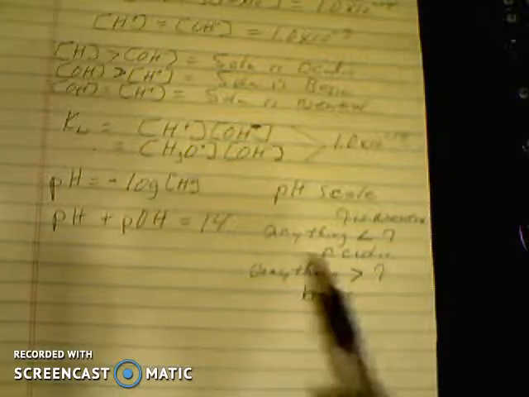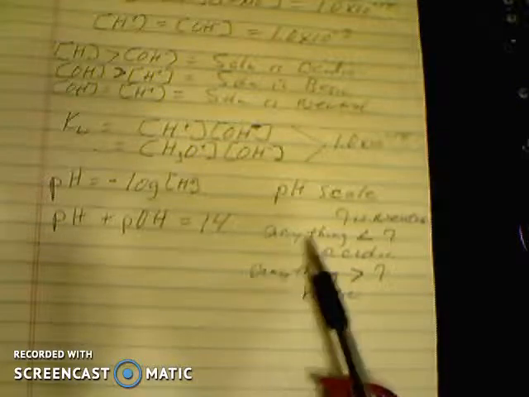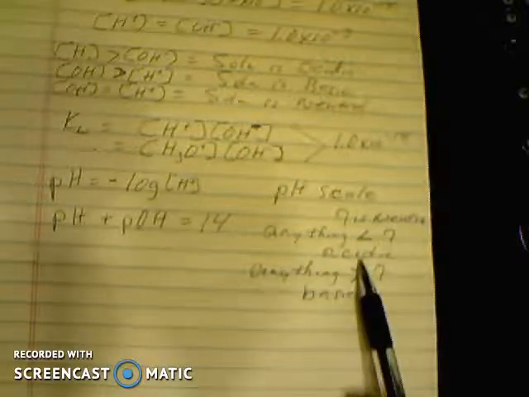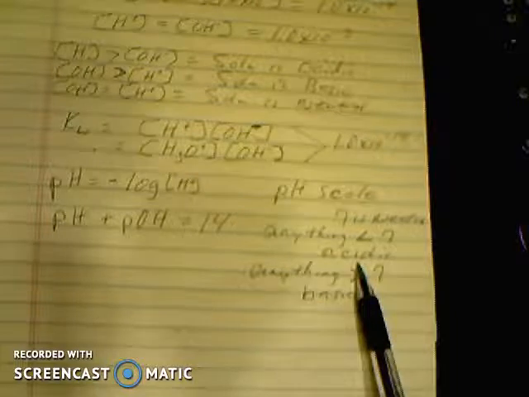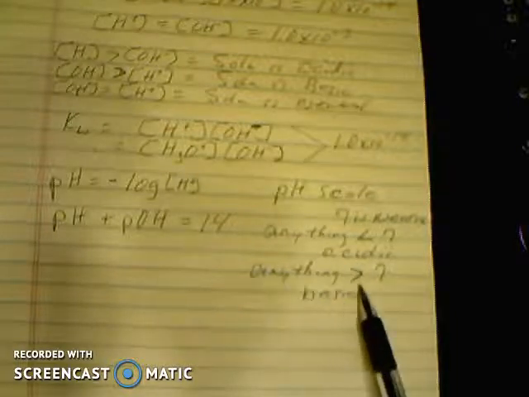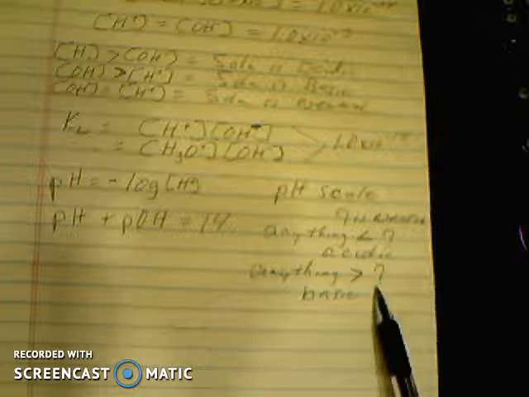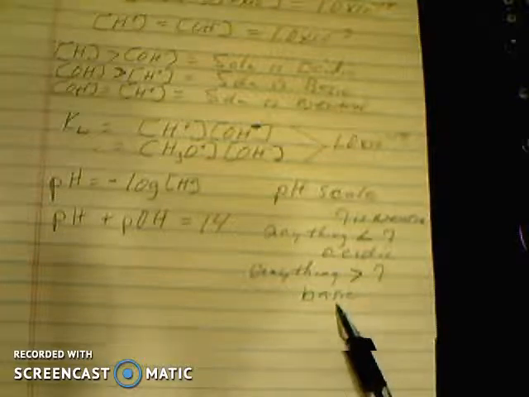So let me say that one more time. Any solution with a pH of less than 7, the solution will be rendered acidic. Any solution with a pH of greater than 7, the solution will be rendered basic.